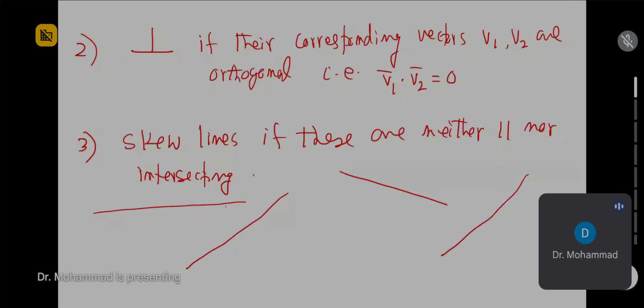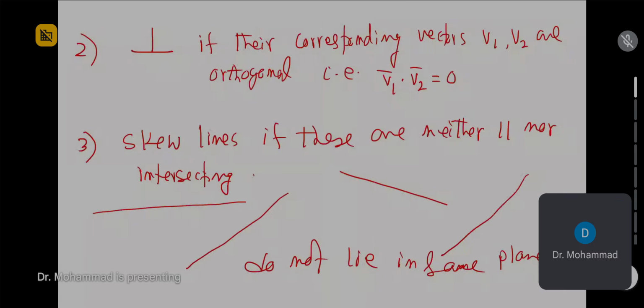Do not lie in the same plane. This we call the lines are skew.